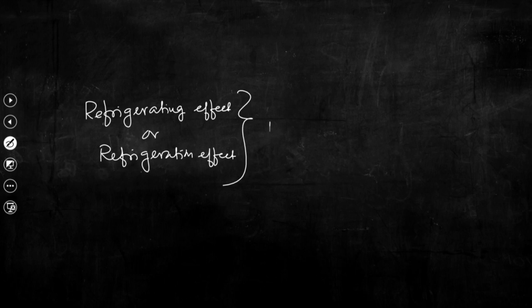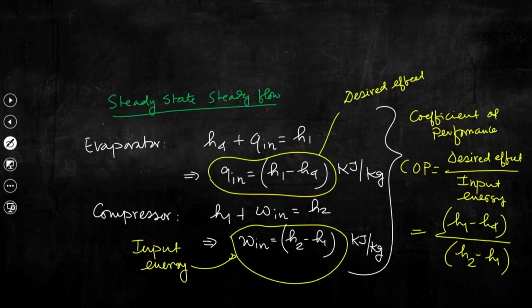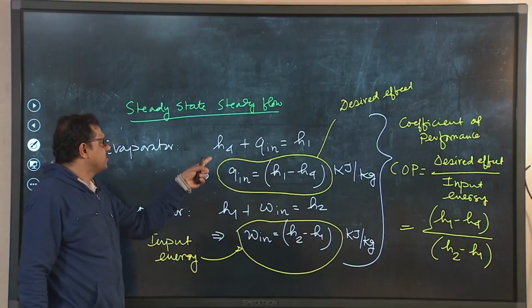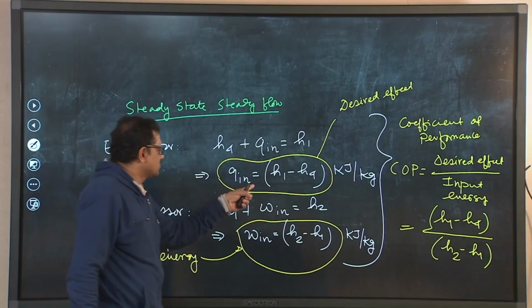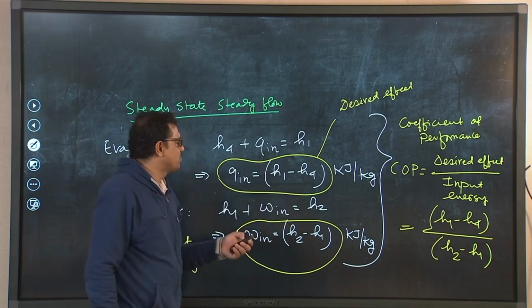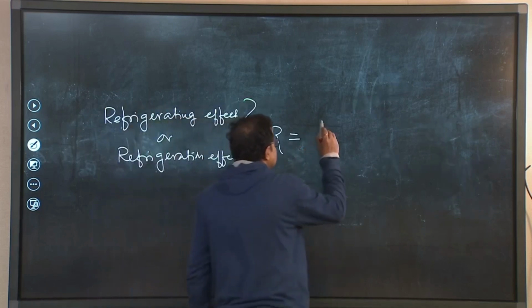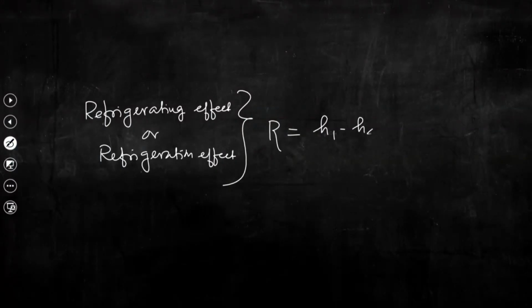And this is typically denoted by this symbol R. Now, what is refrigeration effect? So, this is essentially had we applied steady state flow equation across this evaporator. So, this is H1 minus H4 kilojoule per kg.